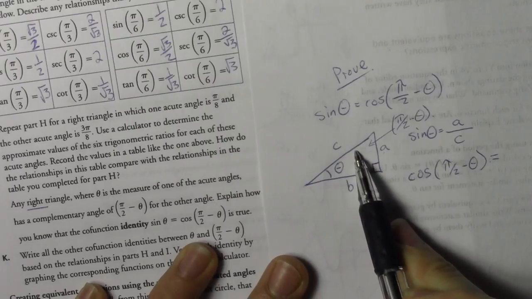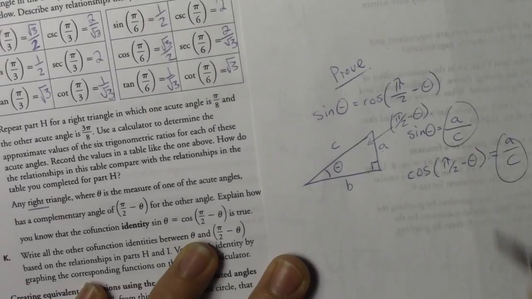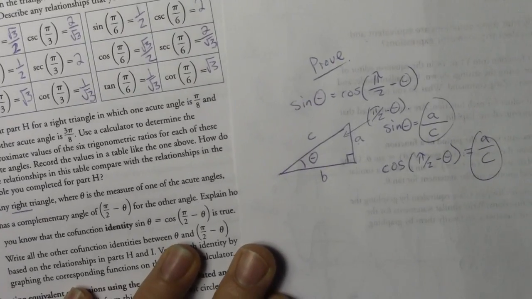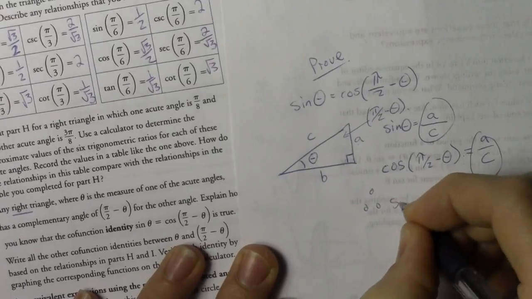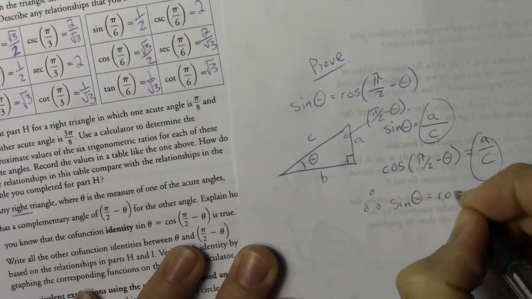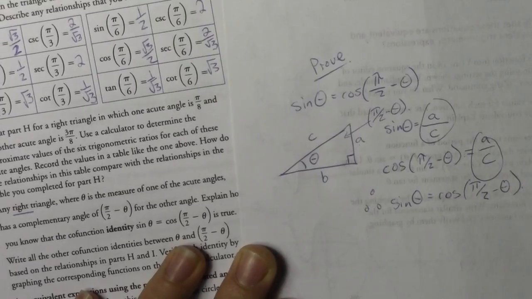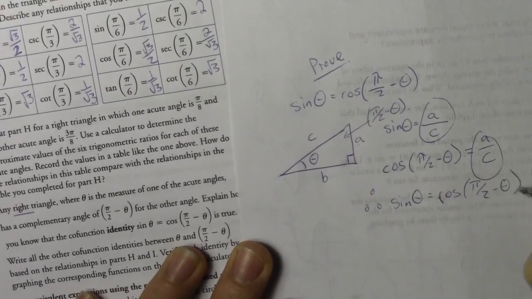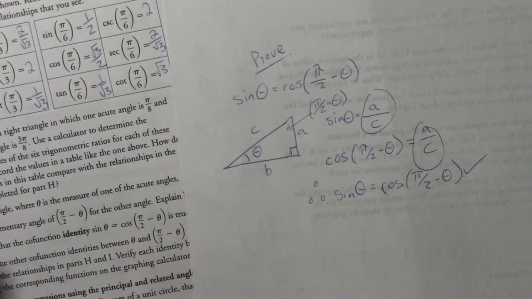You guys understand that? So this would be A over C. So these values are the same. You guys see that? So therefore, sine theta is equal to cos of pi over 2 minus theta. So that's one way to prove it.